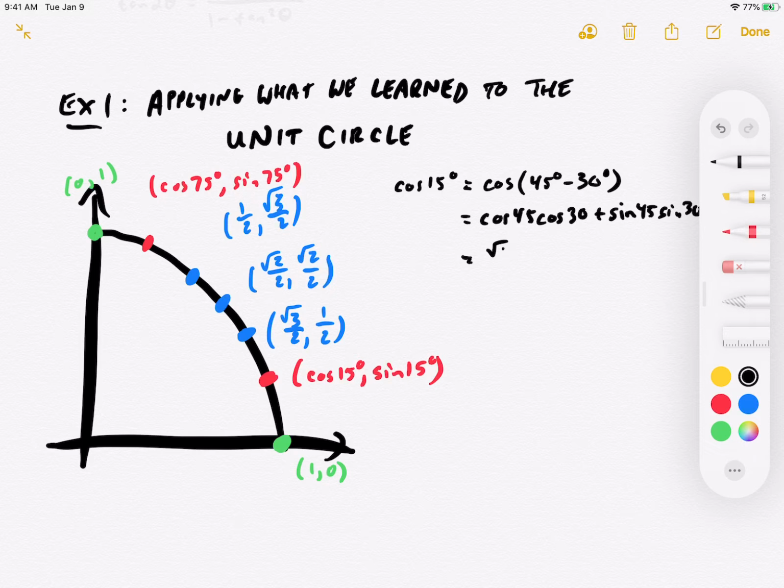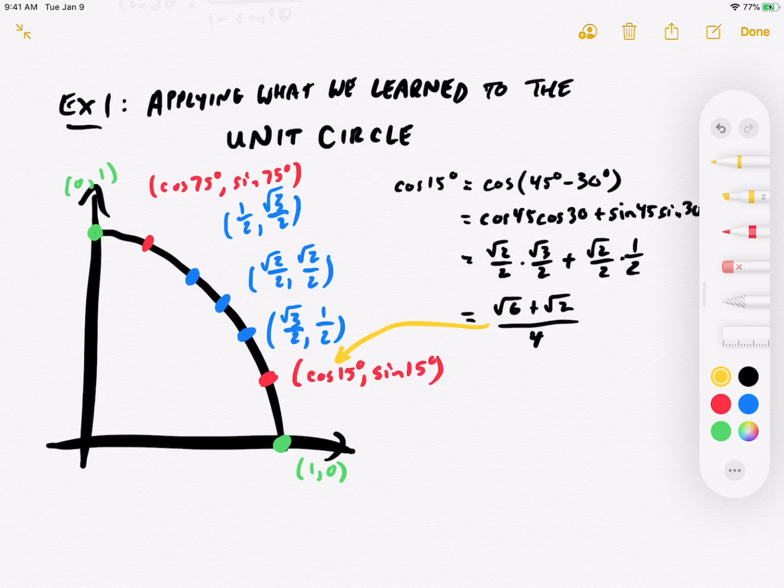You can just work out each of those individual sine and cosine values to establish that this will be equal to root 6 plus root 2 over 4. And that right there is the exact value of cosine of 15 degrees.